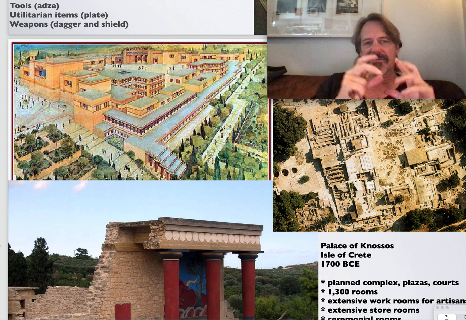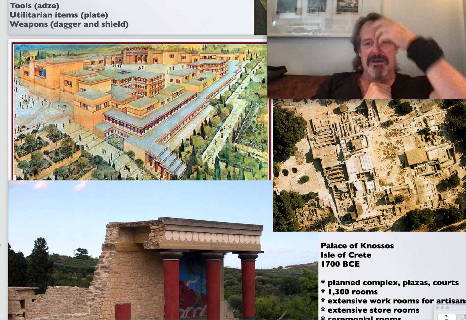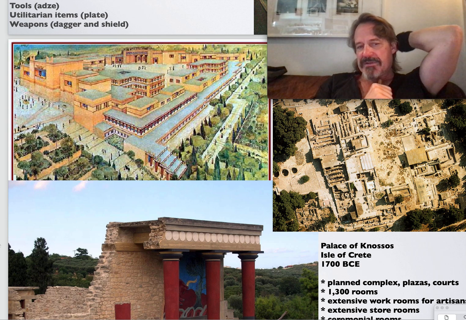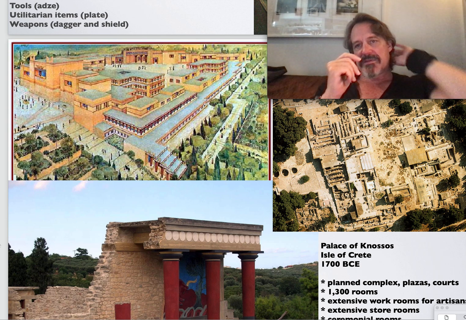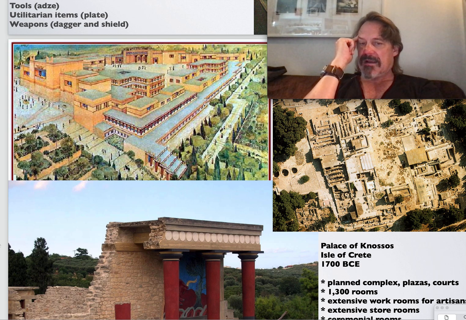Knossos on Crete was a very particular sort of kingdom, isolated somewhat, but did trade by sea with these other two camps. Greece was nascent and just developing back then.